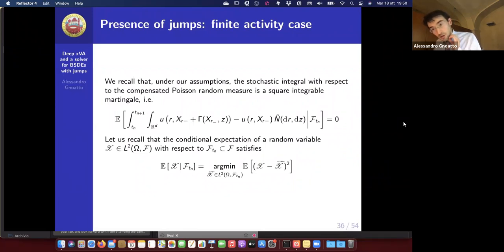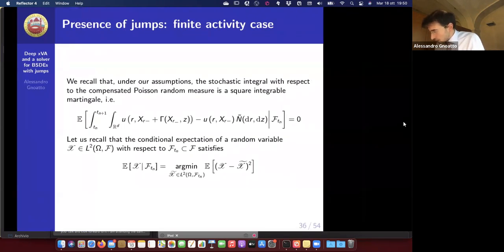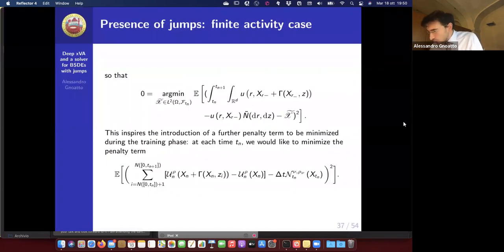So now, recalling what a conditional expectation is in terms of minimization of distance in L2, what we propose is to introduce a second penalty term inside the minimization. This second penalty will essentially force the compensator to be such that the compensated discretized integral is approximately a martingale.